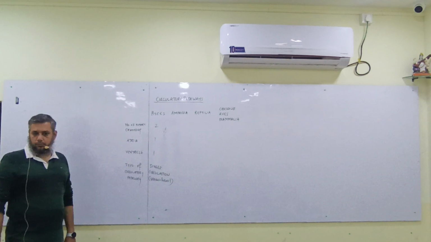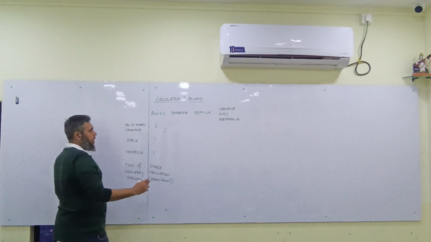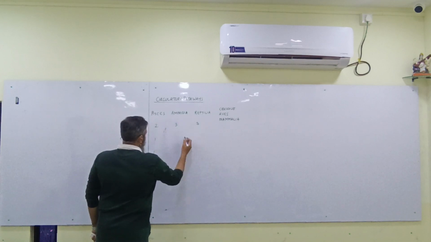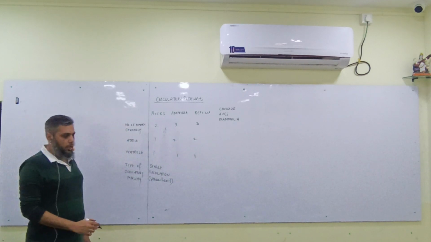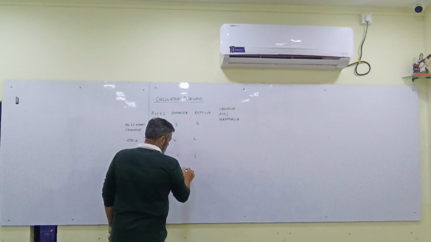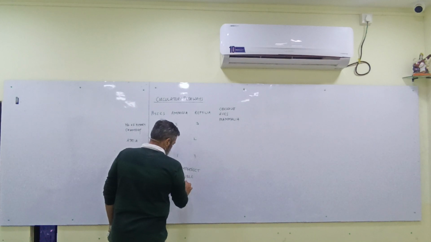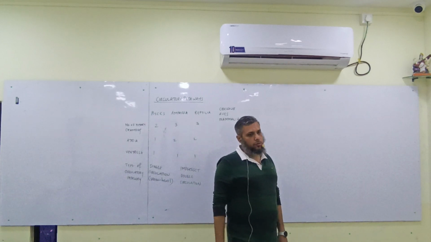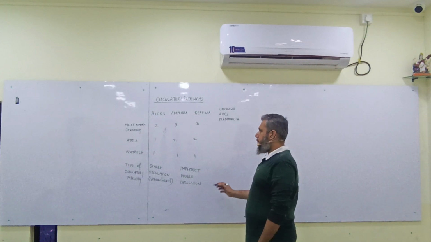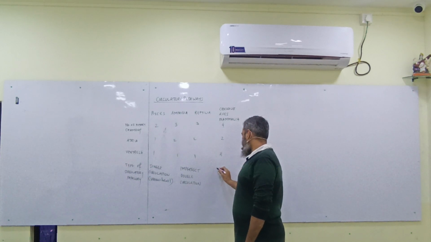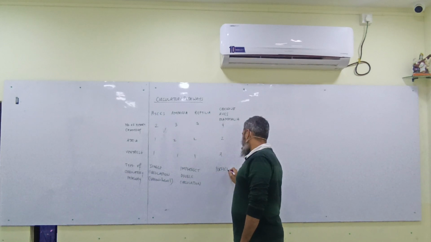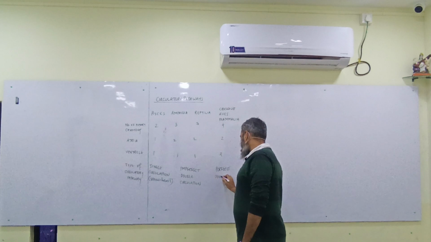In amphibia and reptilia, there are three chambers of the heart with two atria and one ventricle, and both of them show an imperfect double circulation. In the case of crocodiles, aves and mammalia, there are four chambers with two atria, two ventricles, and a perfect double circulation.